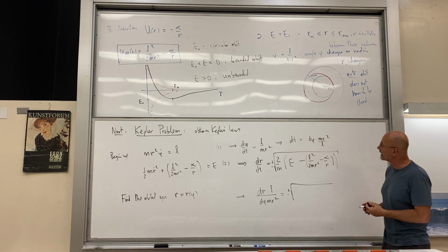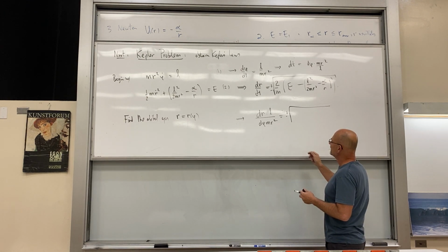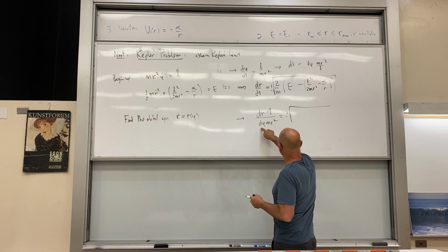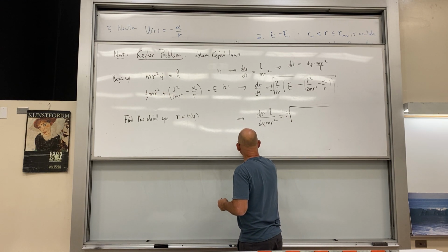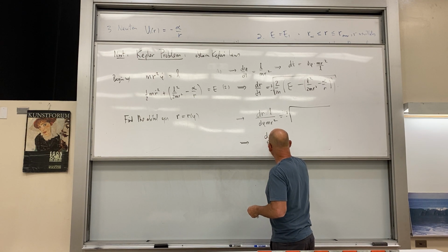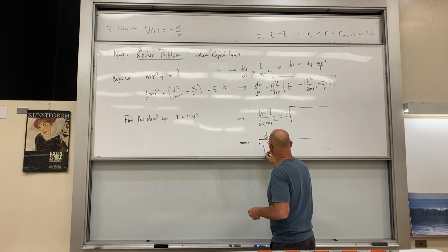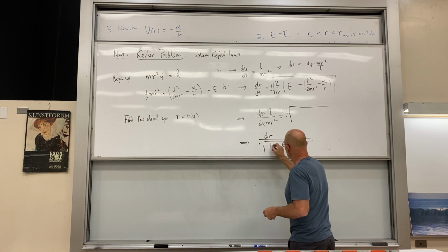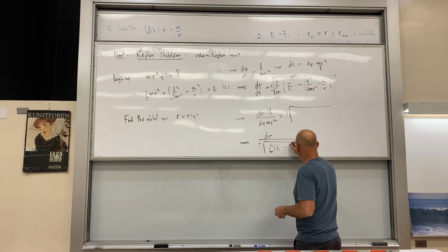So we'll do one more step. We've got room right here. So there's the d phi. We're going to separate by bringing the r's to one side, the phi to the other. So we have dr divided by plus or minus the square root of 2 over m times E minus U effective.